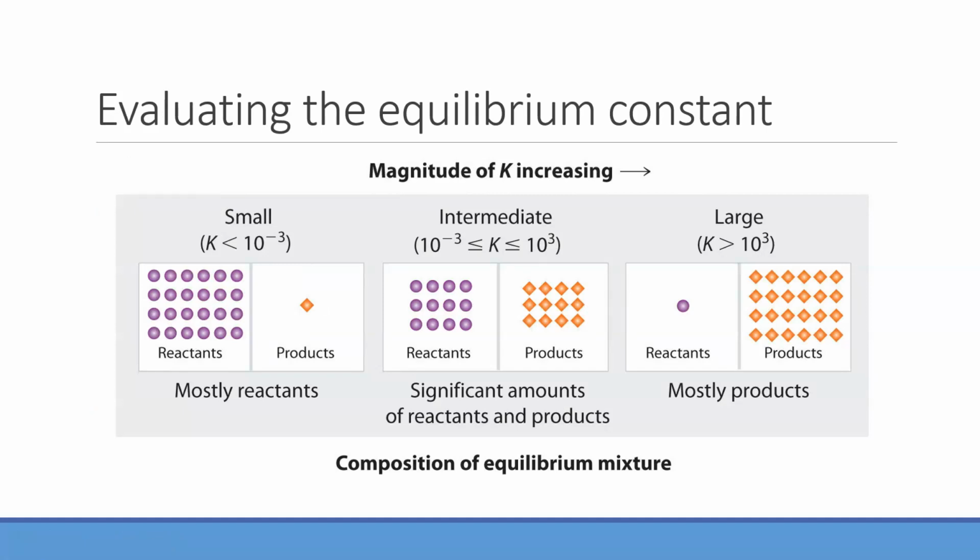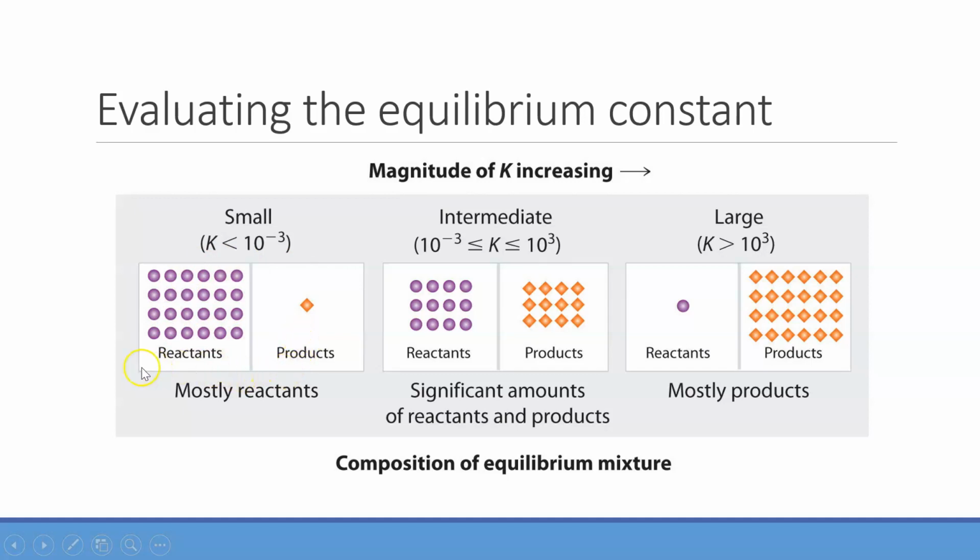So let's think about what this equilibrium constant tells us, what it actually means. So here would be a composition at equilibrium. Let's imagine there's this reaction where your reactants are this purple ball, and the product is an orange diamond. And this is the composition at equilibrium.